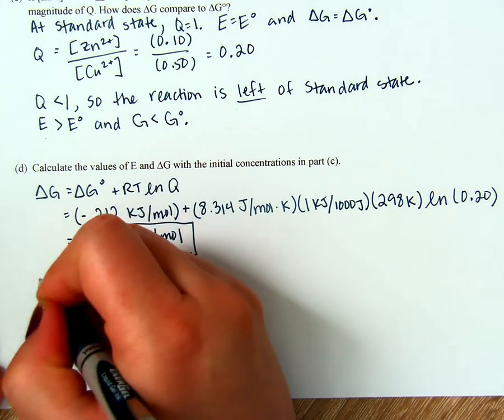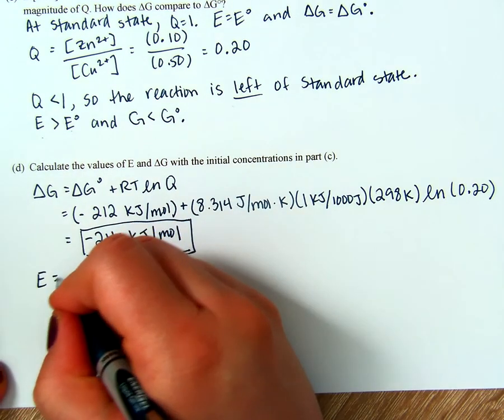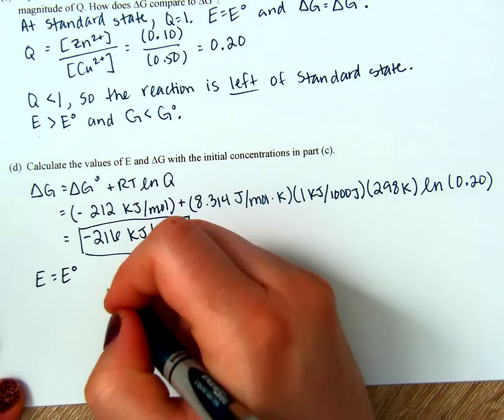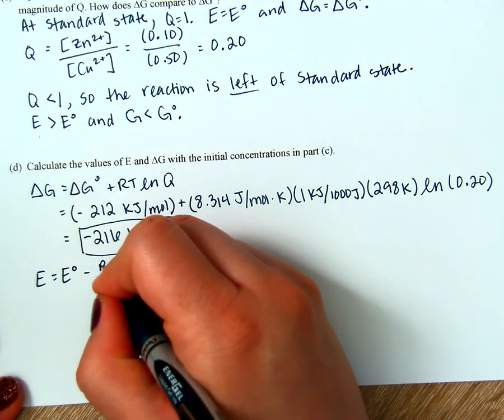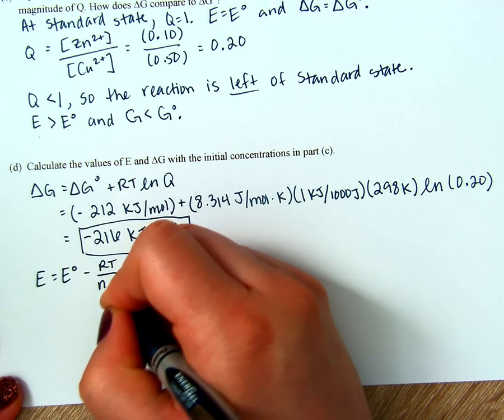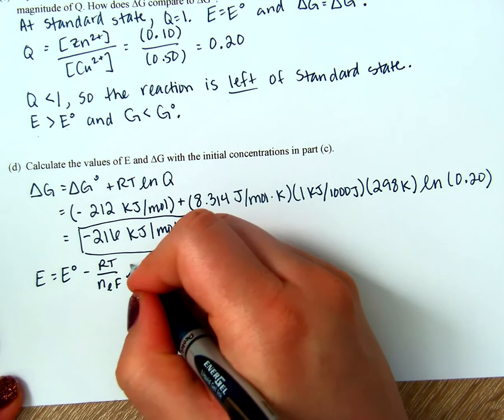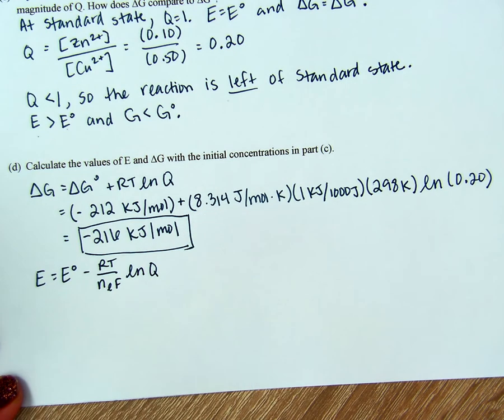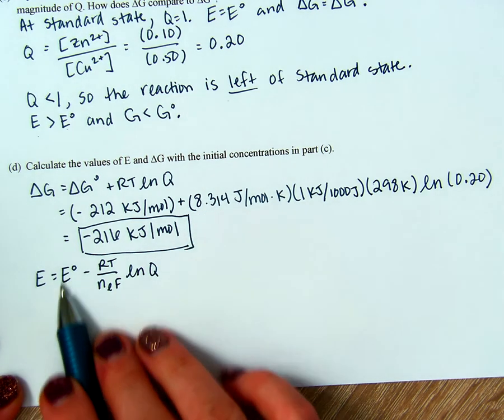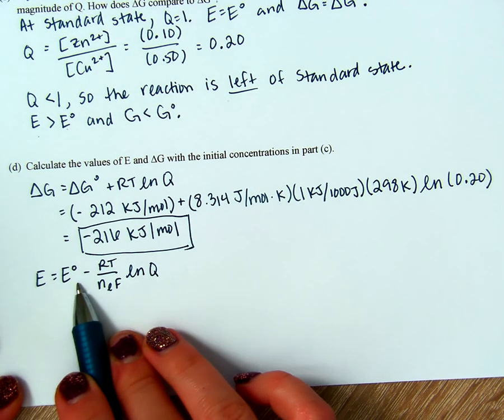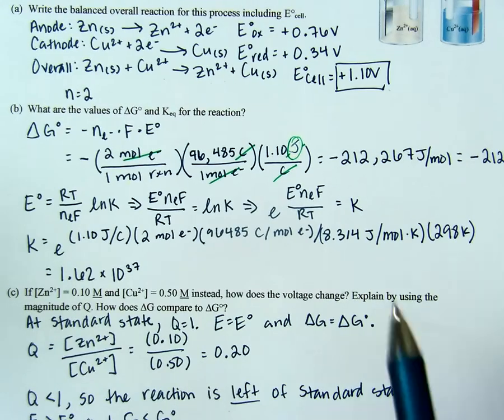Let's do E, the electric potential there. So E equals E naught minus RT over NEF times ln Q. Okay, going ahead and plugging this in, we calculated E naught, that's at the very beginning up here, 1.10 volts.